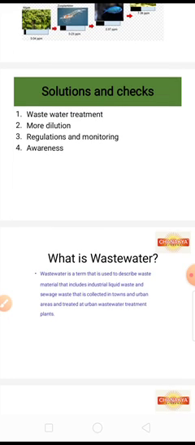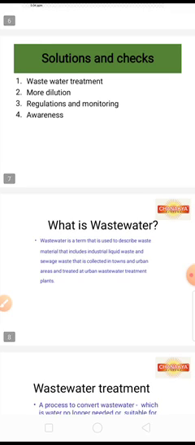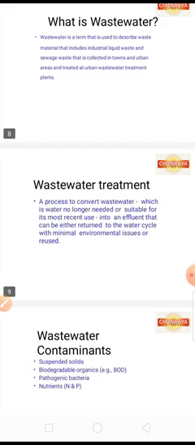Now, what is wastewater? This we have done. Wastewater is a term used to describe waste material that includes industrial liquid waste and sewage waste that is collected in towns and urban areas and treated in urban waste treatment plants. So all these come under wastewater. Now, how can we treat them?